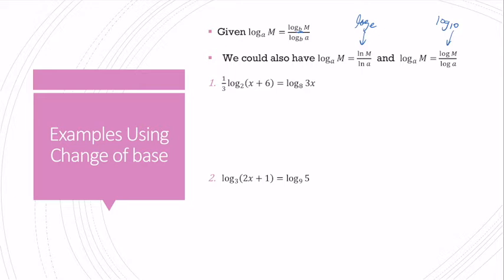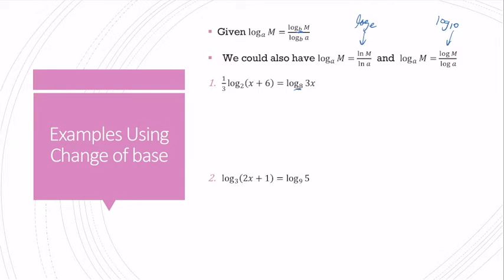So why don't I go ahead and work through a couple of these examples. So I have 1/3 of log base 2 of x plus 6 equals log base 8 of 3x. Now, in order for me to continue solving this problem, I need to get both of these logs to have the same base.